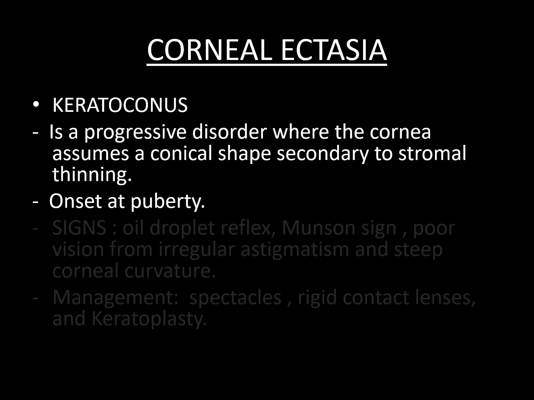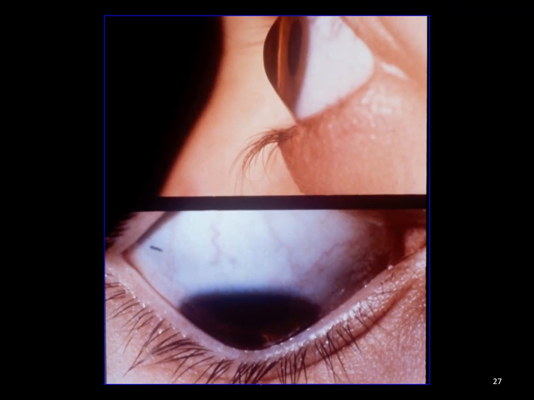You almost never see it in younger children, but the onset is at puberty, with the following: the corneal surface, instead of being nice and round, has a more conical shape, almost like a sharper edge, and you can see it very nicely when the patient looks down.